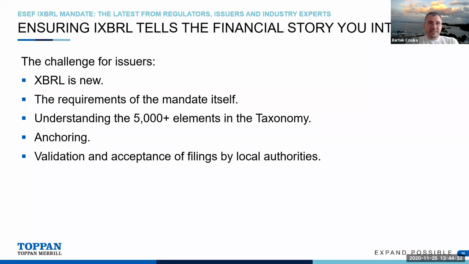So that's the difficulty in anchoring. And obviously, thankfully, these questions might seem difficult to issuers. They might seem difficult to people that are listening to our webinar now, but for us, we've been doing the XBRL for many years, so they are pretty straightforward, and we are happy to help answer those questions.